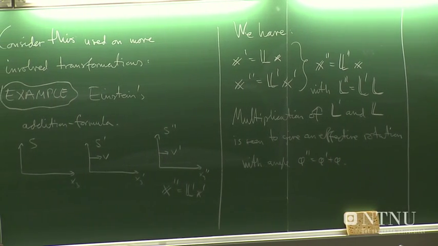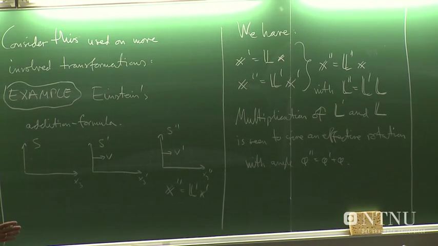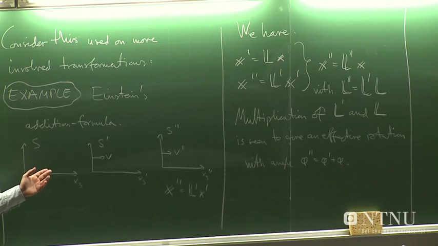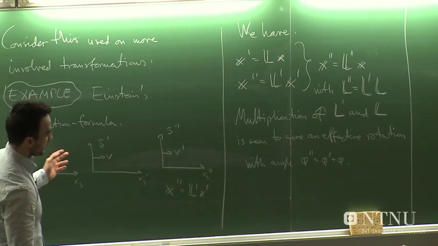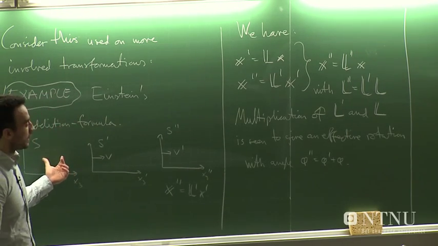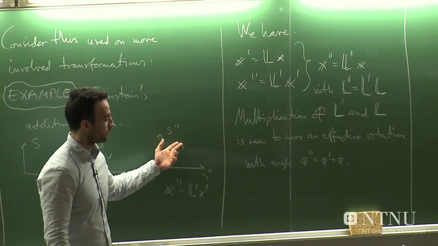Okay, so let's try to say something then about the actual value of the transformation, sort of the velocity seen in the unprimed system as compared to the double prime system.